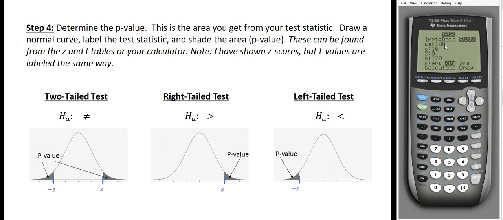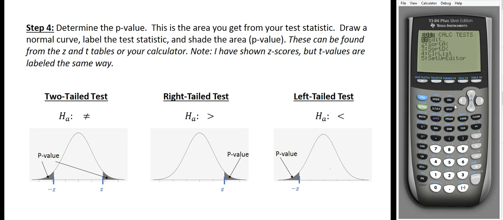We needed the mean, our population standard deviation, our x-bar, our sample mean, and our n. We'll select the appropriate sign for our test, our two-tailed, left-tailed, or right-tailed, and then we'd press calculate. And that would calculate the p-value for us without looking on a chart.